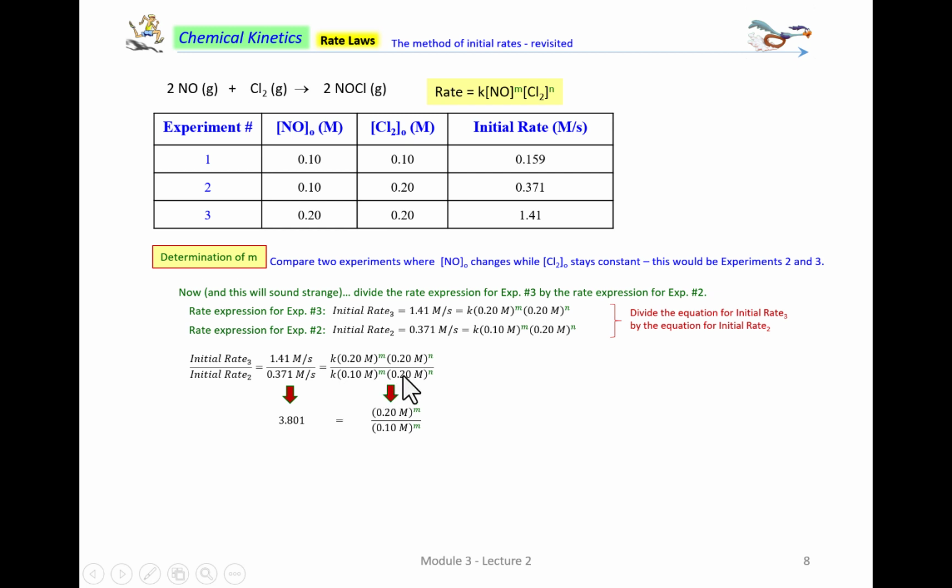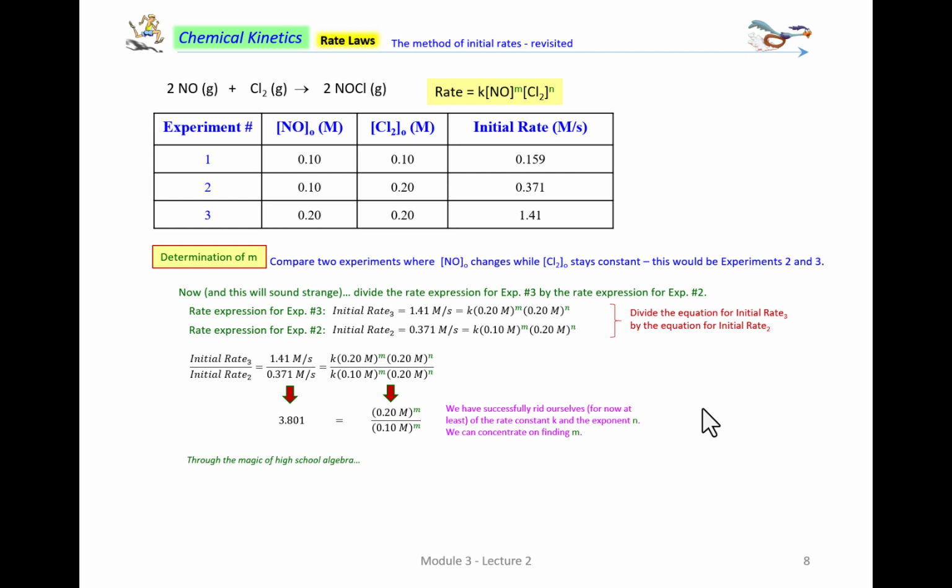And actually 0.2 molar to the n power is the same on top and bottom, so those whole terms cancel out. So all that's left is 0.2 molar to the m power over 0.1 molar to the m power equal to 3.801. And as I said, we've now successfully rid ourselves, for the time being at least, of the rate constant and the exponent n. We can concentrate on just solving for m.